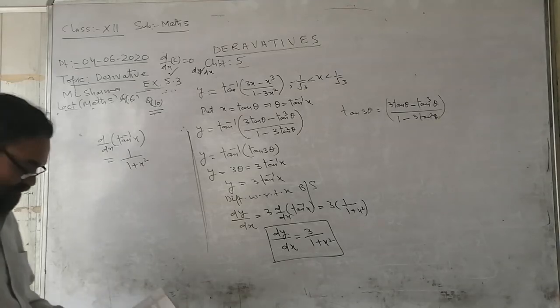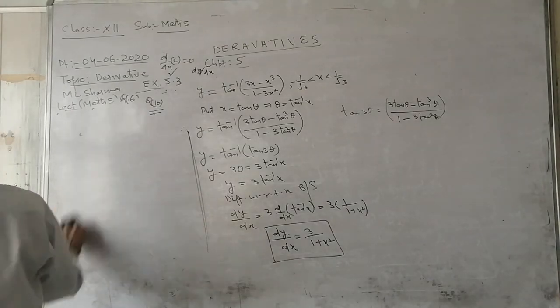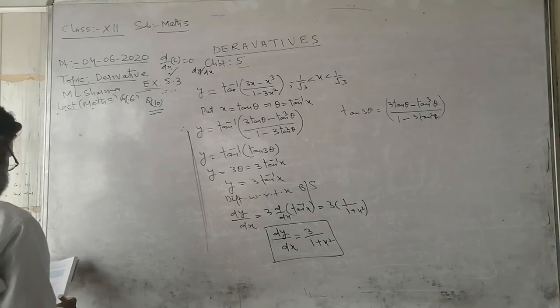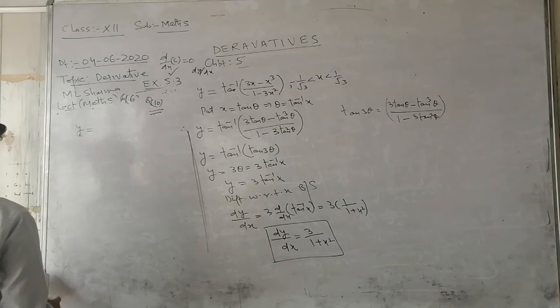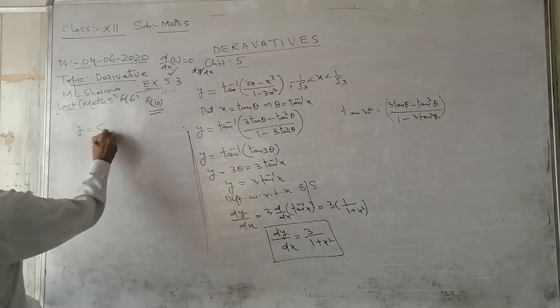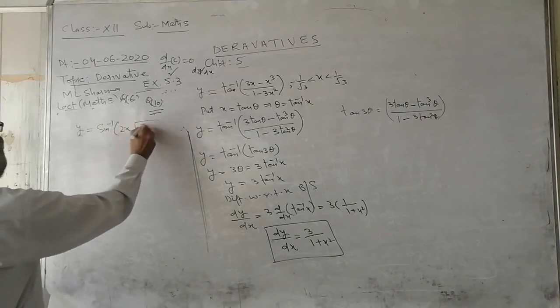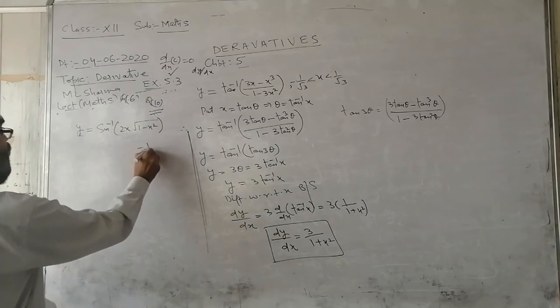So another question of this exercise. This says that y equals sine inverse 2x under root 1 minus x square, where its value is x.